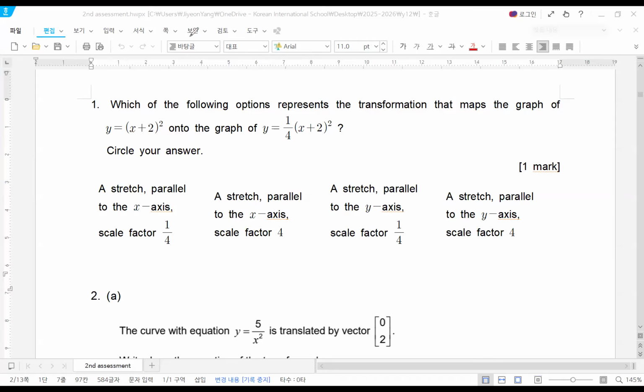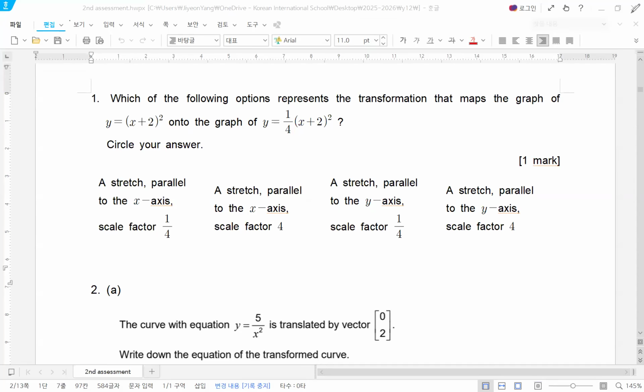Okay, students, I was really surprised at how many of you forgot the graph transformation. Please write it down in your blue book, okay?